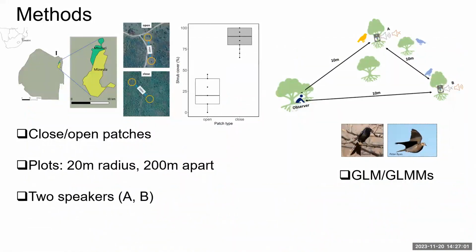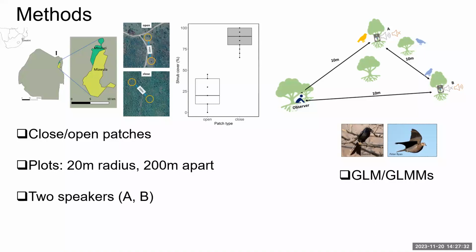So we did that in, again, the two parks in Swatini, and specifically we searched for open and closed patches. This box plot here shows the shrub cover regimes in the two patches. So we selected plots based on the amount of cover that was there.